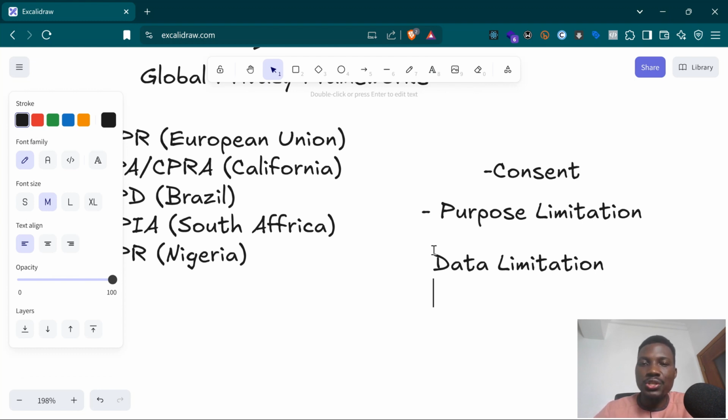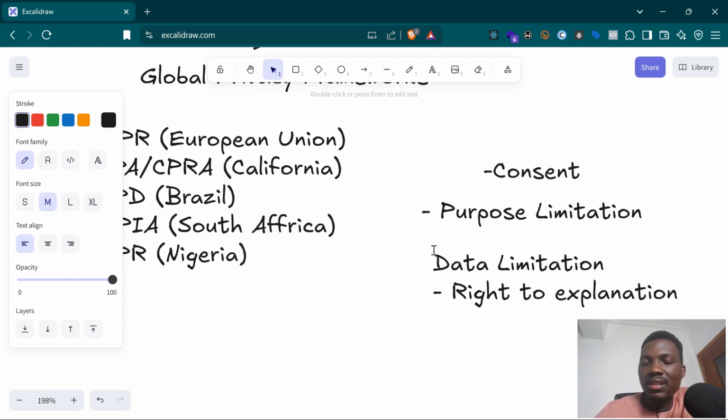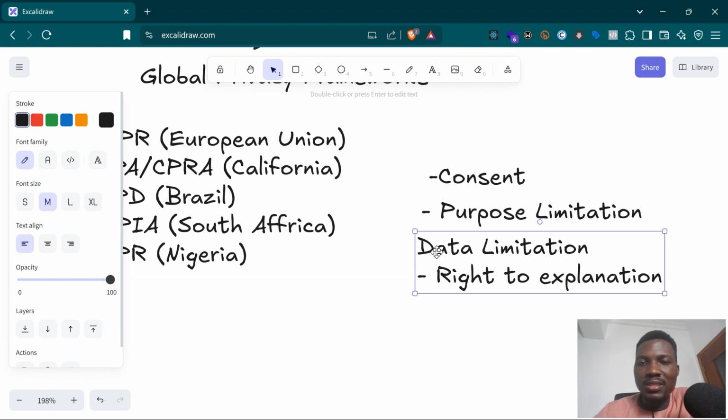Also, right to explanation. Okay, so right to explanation is part of it. Are you able to explain the reasons why you're collecting all of those data? All these things are very, very important, especially if you find yourself in a highly regulated industry. So you need to look at the similarity among all of this.